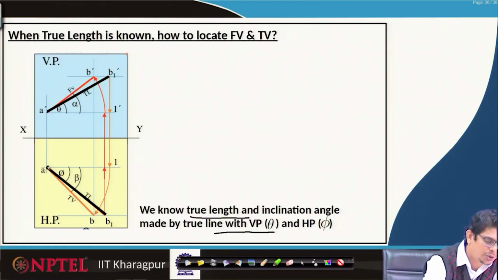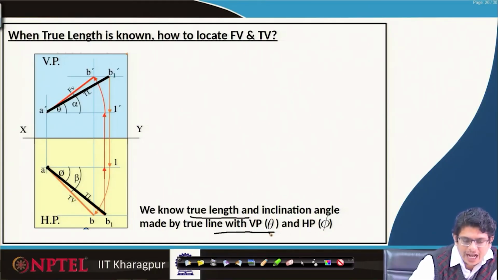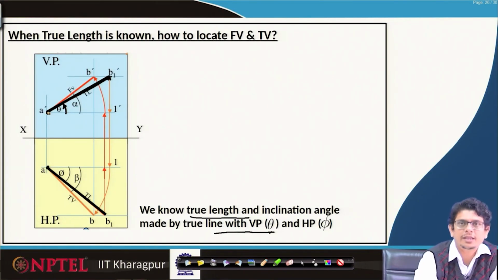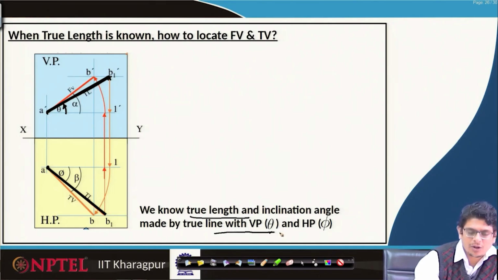So, true length we know, with theta angle with the vertical plane, construct it. Once we know the true length, constructing that A prime B prime we know. That is done. Similarly, A B also we know true length, we construct it with certain angle phi.